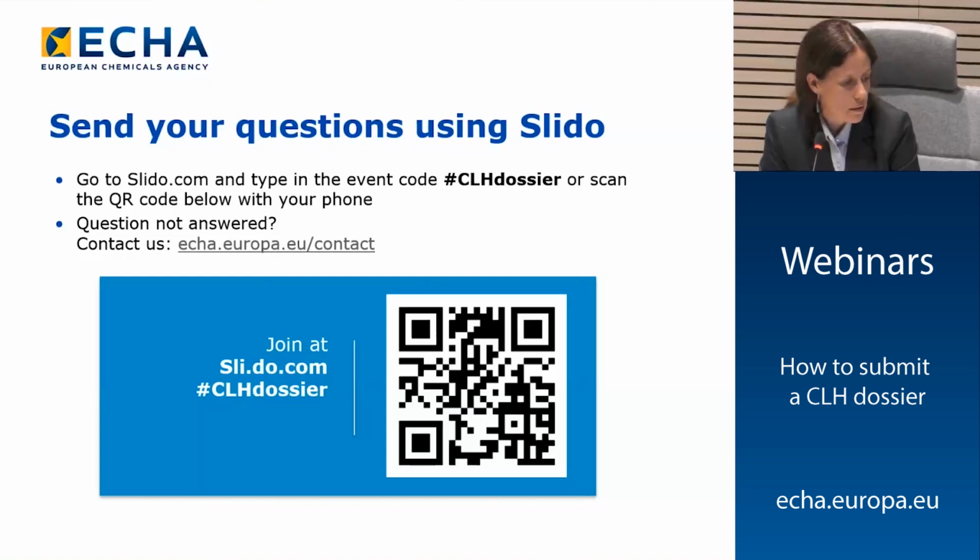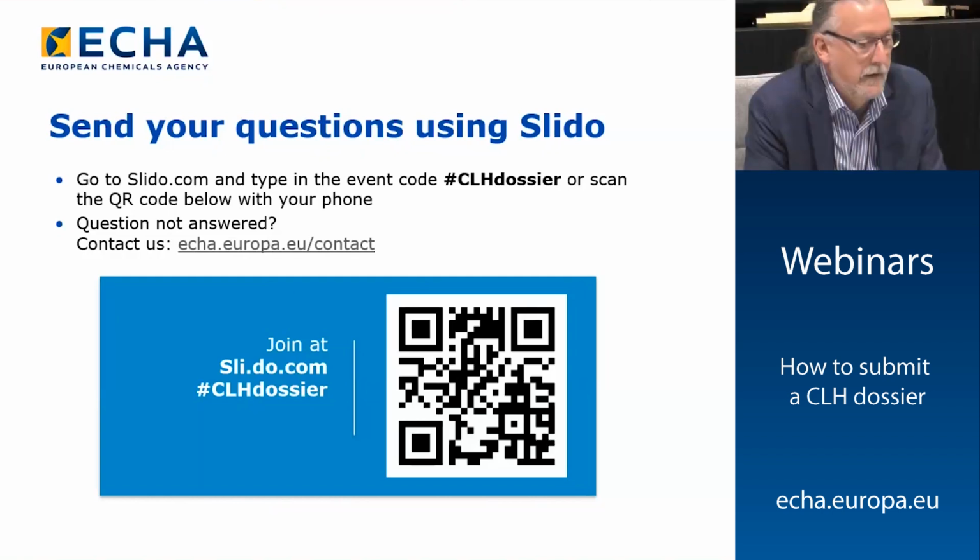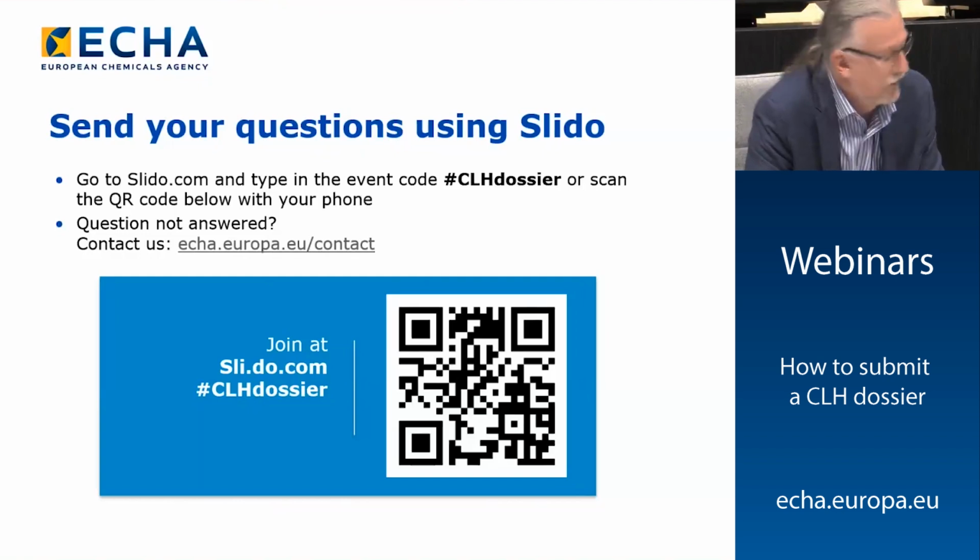So the first question is, how do you deal with confidential information in open RAC meetings? That's a good question. It's also a tricky one. There is rarely truly confidential information in a CLH dossier.